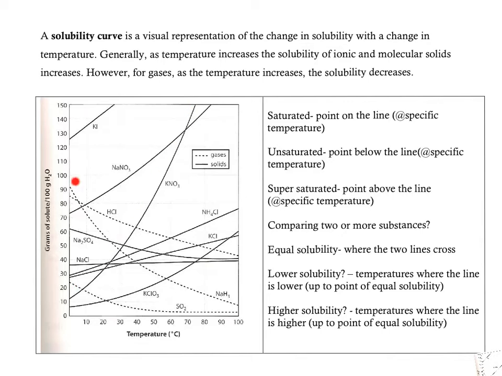The gases are the dotted lines, and you can see as you increase temperature, so as you get hotter, the amount of solute that you can dissolve decreases. So gases, as temperature increases, the solubility decreases. That's why when, let's say, a nuclear power plant wants to discharge some water, and it's water that's not contaminated with radiation, it's used in the cooling process, so it's warm.